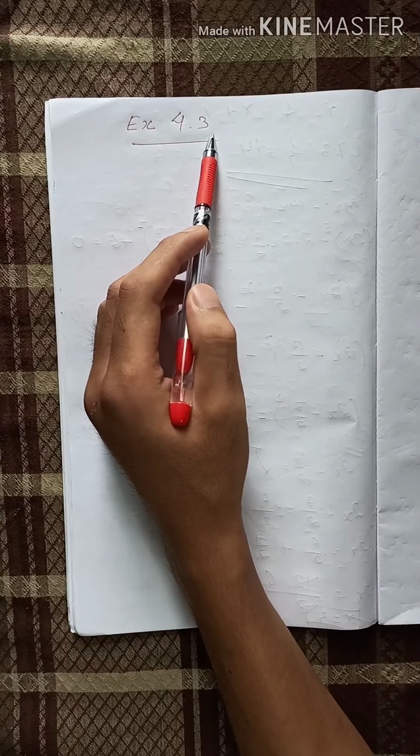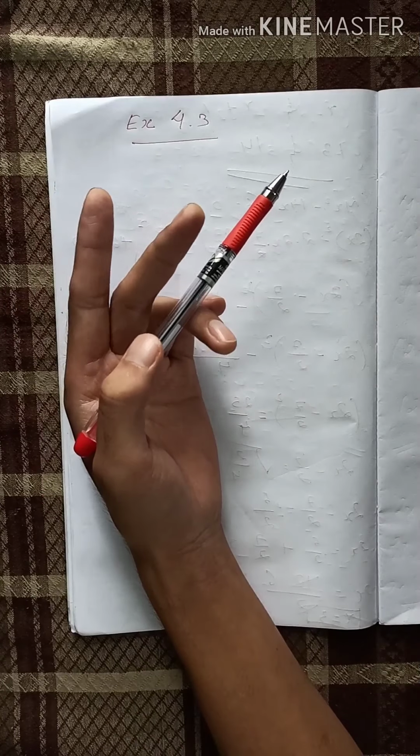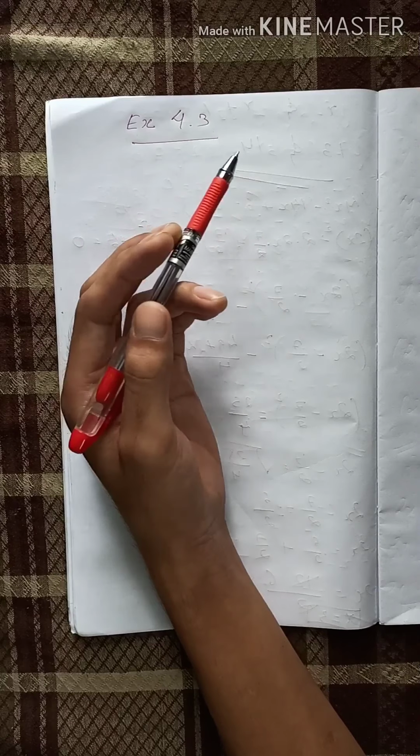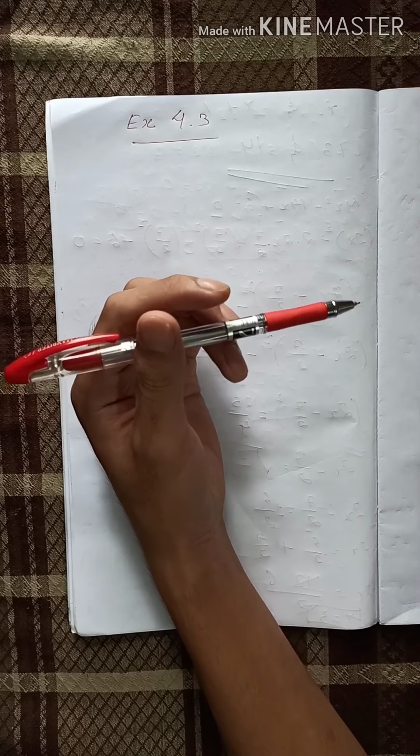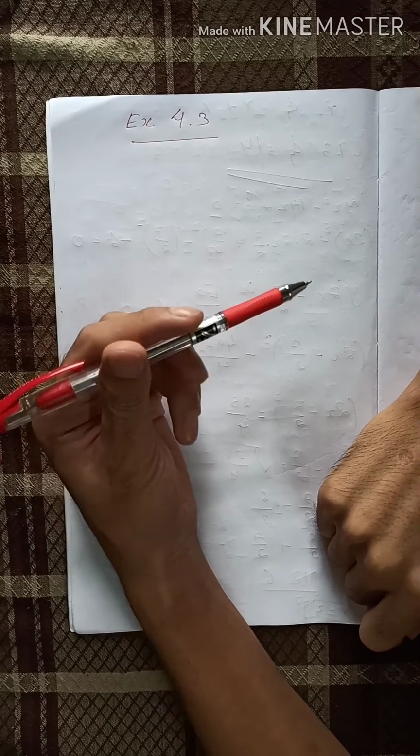Point 3. But before we go to this exercise, I want to explain two things. We are going to find the roots of a quadratic equation. So in order to do that, you need to know two things.